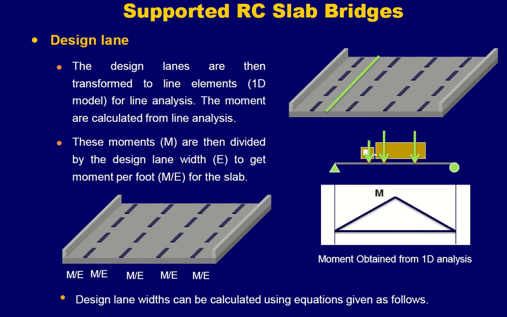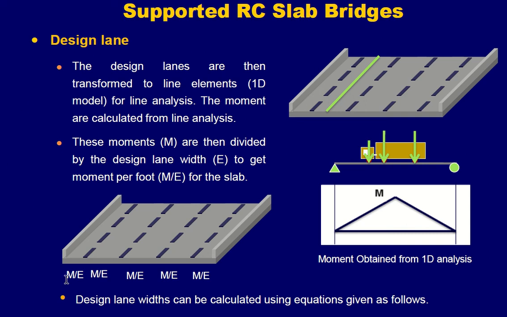So when you are taking a strip, for example the interior design strip, you are just transforming the design lane into one line, and for example the width of the line is 1 foot, and you analyze it and calculate the bending moment. Now you divide that bending moment M by the design lane width, the initial lane width that you got.